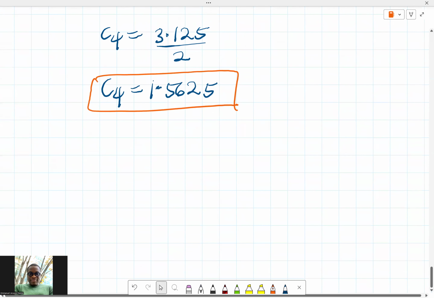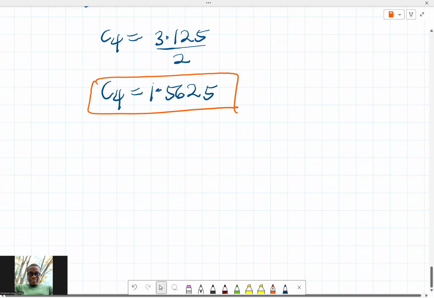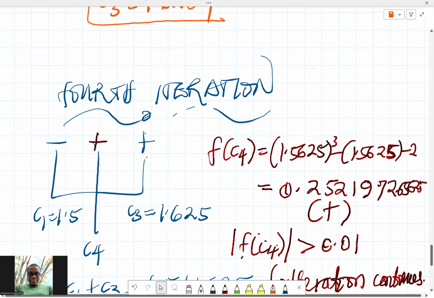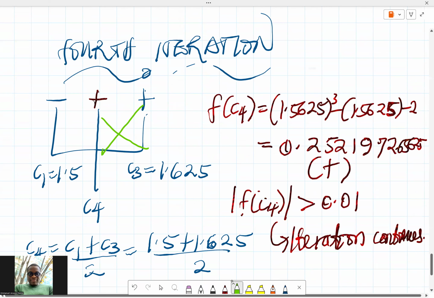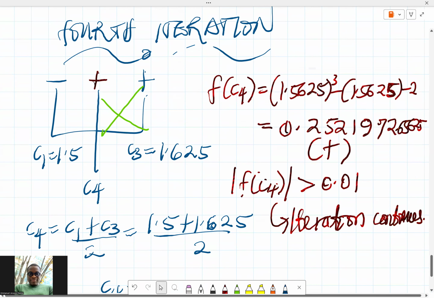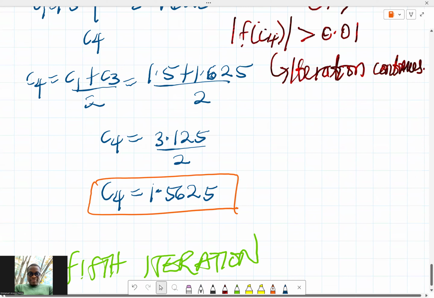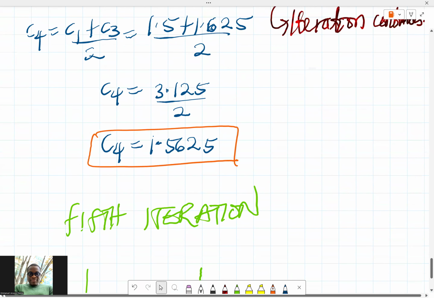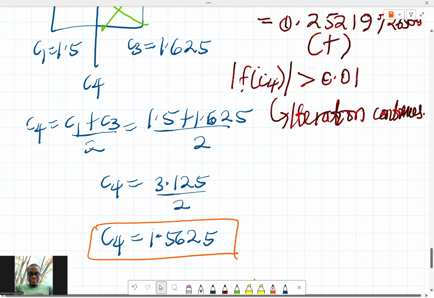I won't bother about the 5th iteration, but I'll just set it up and leave it there. Now we see that the solution lies between C1 and C4, because it doesn't lie between C4 and C3, as they both have positive signs. So C1 is equal to 1.5.